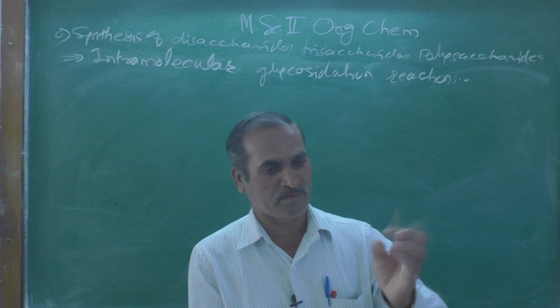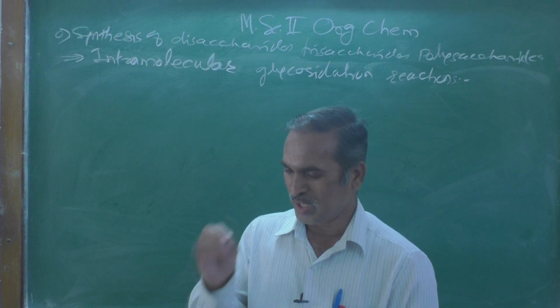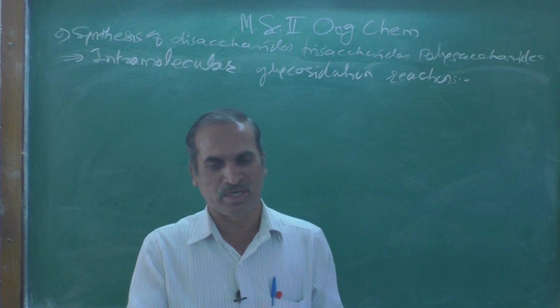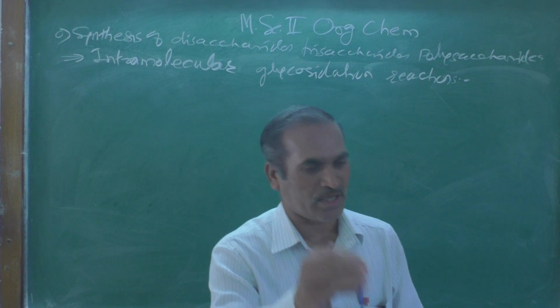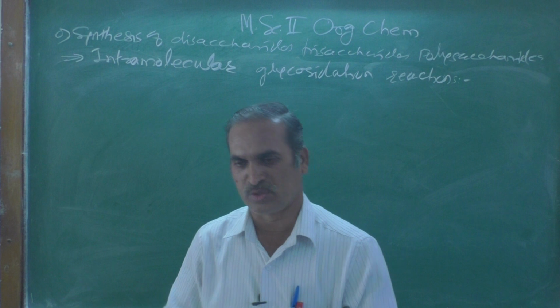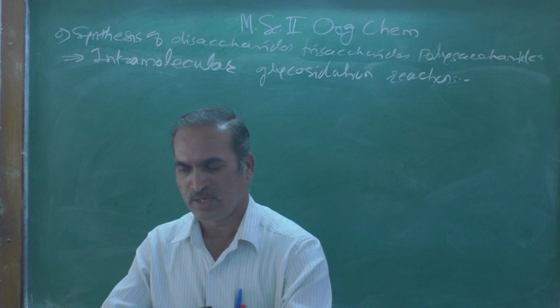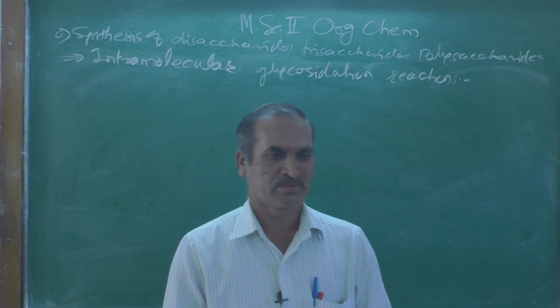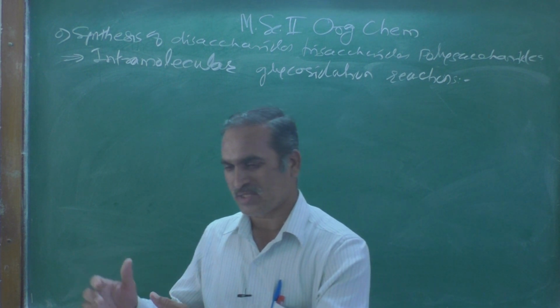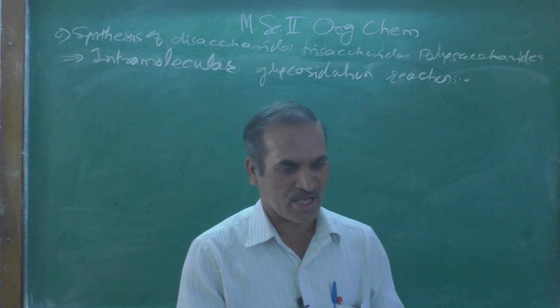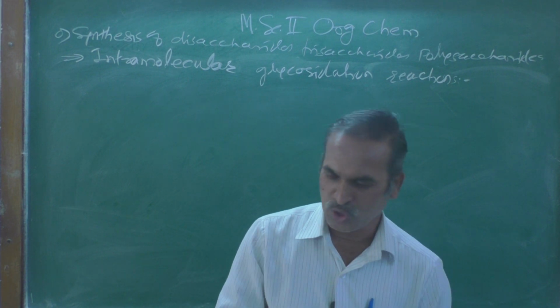Glycosidation is a process where one sugar unit binds or attaches to another sugar unit, and the resulting compound may be a monosaccharide, disaccharide, trisaccharide and so on.